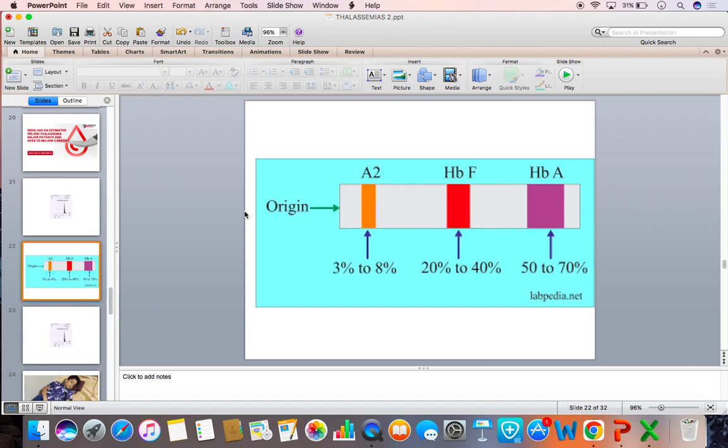HbA is only 50 to 70%. This is a case of thalassemia. But in thalassemia major, HbA is still low. Probably it is thalassemia intermedia or something like that.